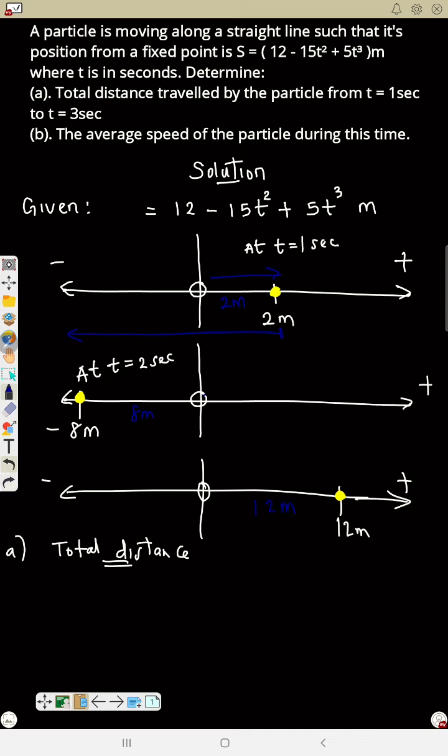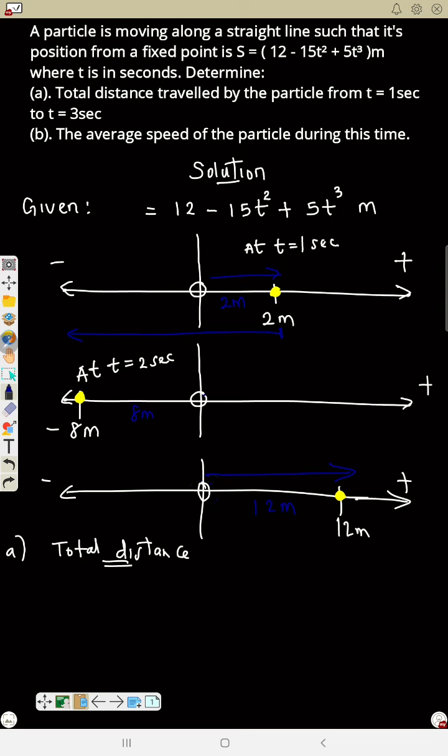Remember, this is not drawn to scale. This is the real part, how the object moves. From a fixed point, it covers 2 meter after 1 second. Now after 2 seconds, from the origin, the particle covers 8 meter to the west. At 3 seconds from the origin, the particle covers 12 meter, like that.